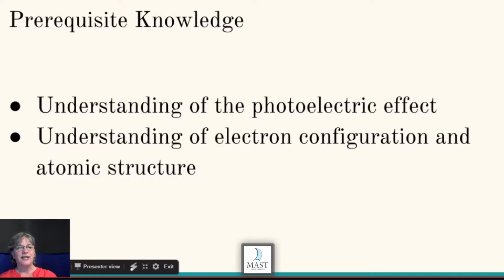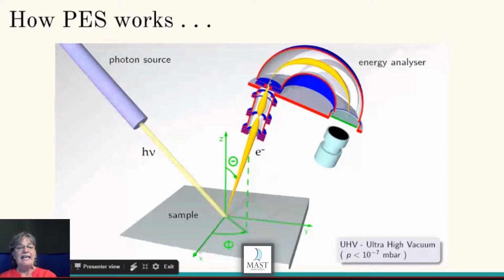In order to understand this topic, you should have a basic understanding of the photoelectric effect, and you should be able to understand what an electron configuration is and how it is related to atomic structure. If you're not familiar with those topics, you might want to stop this presentation and go back and review those topics.